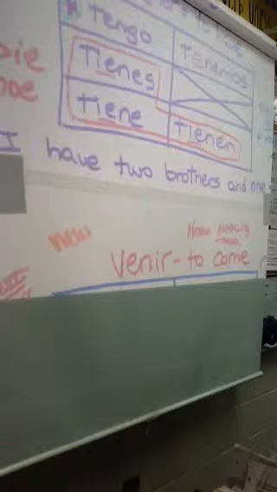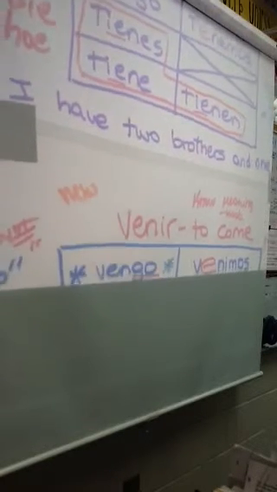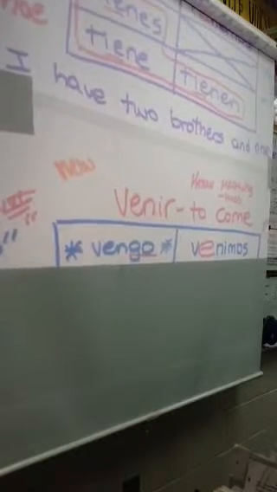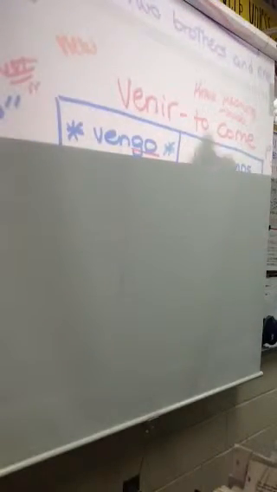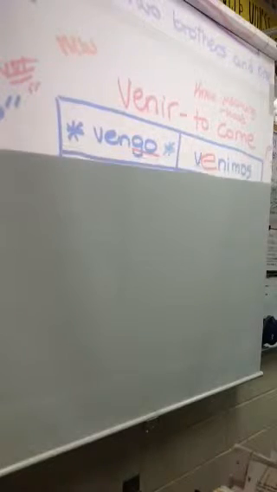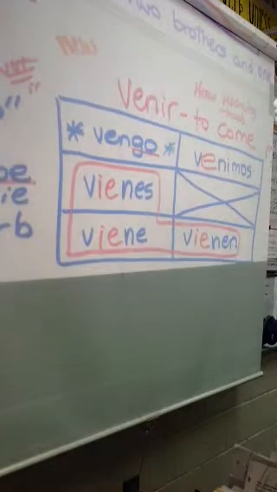And so same thing for the yo form. It ends in go. You've got to remember that irregular yo form. And then the rest of your conjugations, the nosotros is regular, but inside the shoe shape, you're going to have an E to IE change. So it's called a stem changing verb because something in the stem changes.